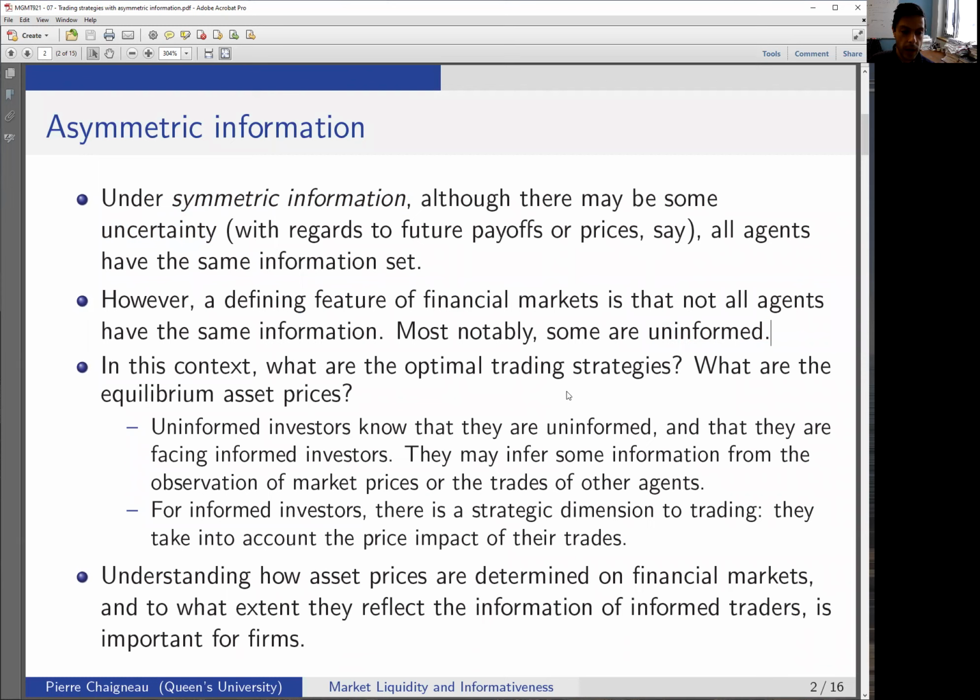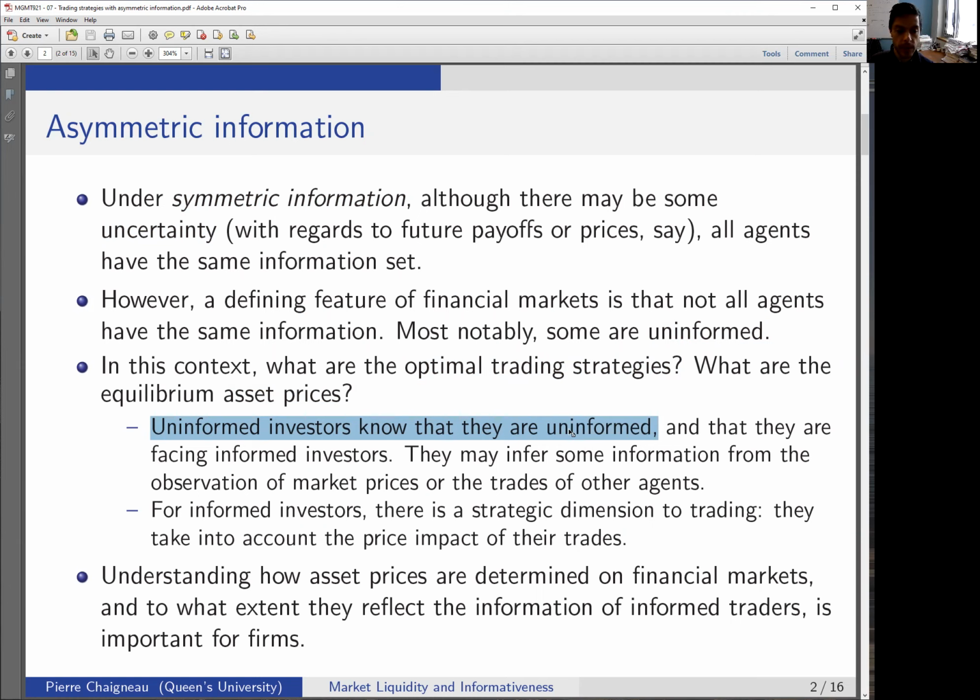So in this context, how should different types of agents trade? How are they going to buy and sell assets? And also what are going to be the resulting asset prices? It's not completely clear. So in particular, uninformed investors know that they are uninformed, but that other investors are informed.